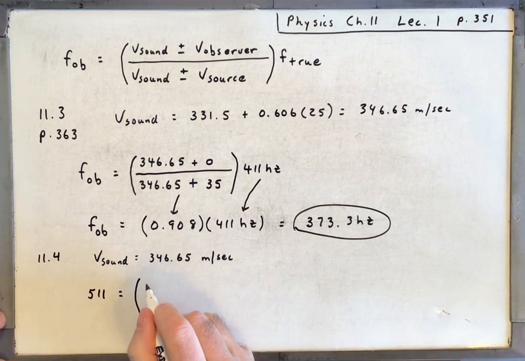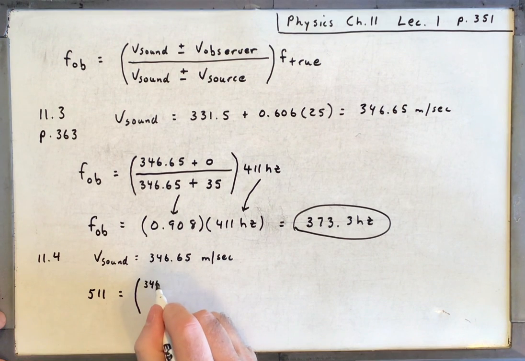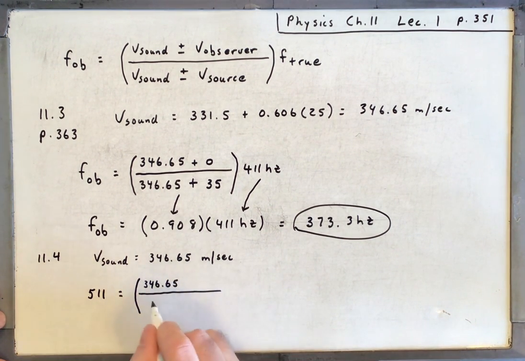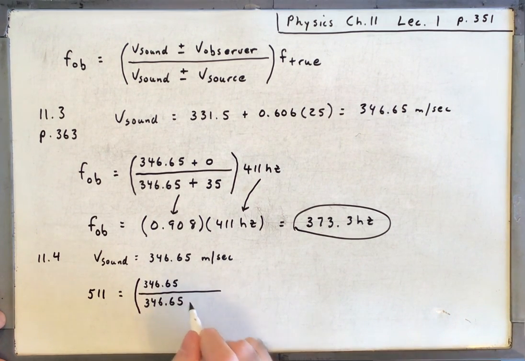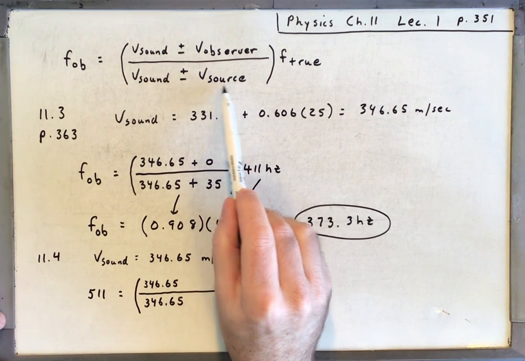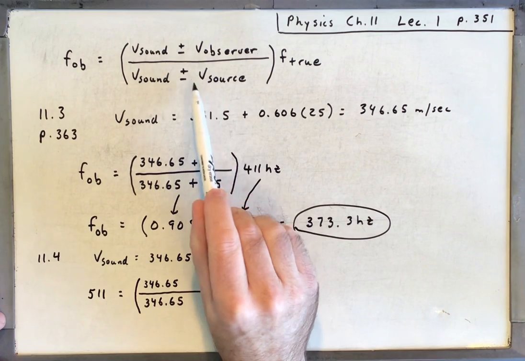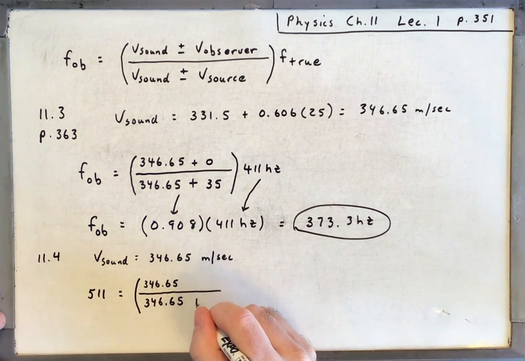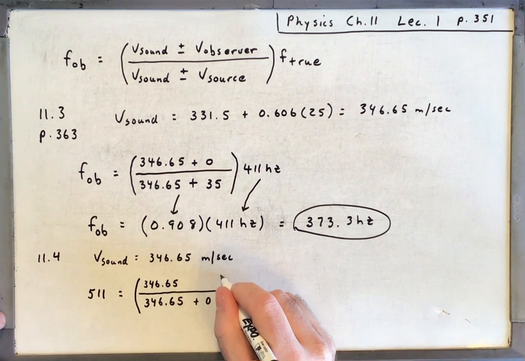So we know we're going to have 346.65 over 346.65. Now the factory is the source, the factory whistle. Is the factory moving? No, the factory is not moving. So the bottom is going to be 0.